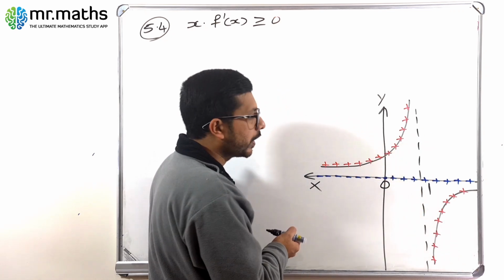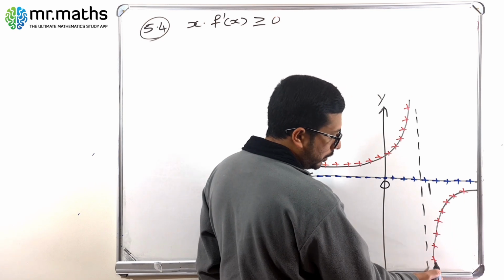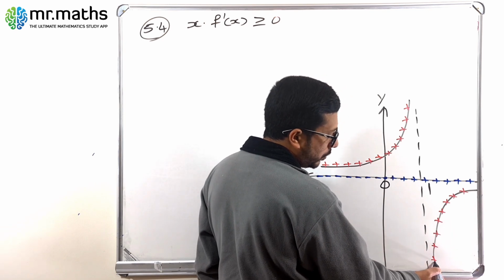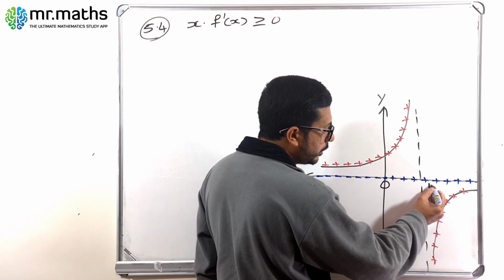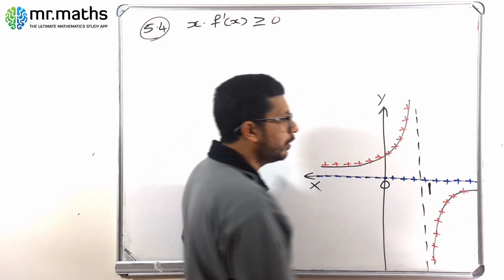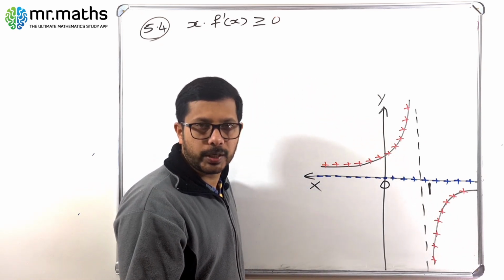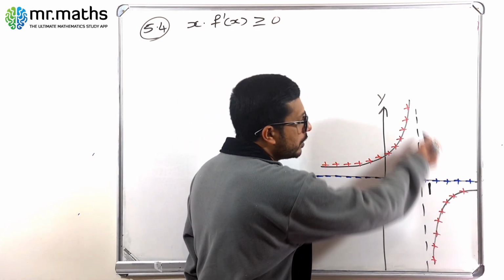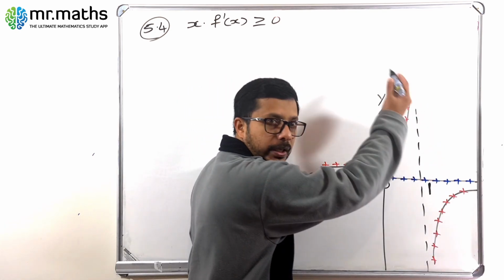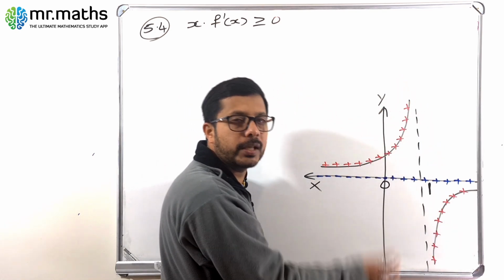Then after that, what is happening? What about at x equal to 1? When x is equal to 1, there is no graph. So we can't take x equal to 1 because there is no graph at that point. That is an asymptote.